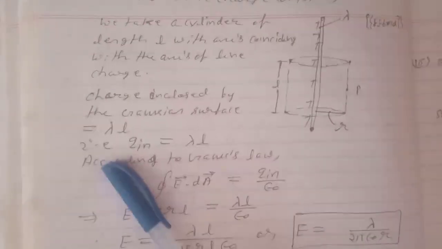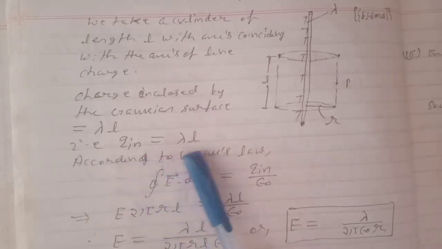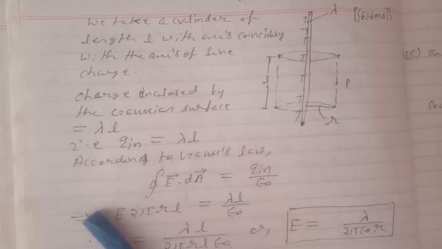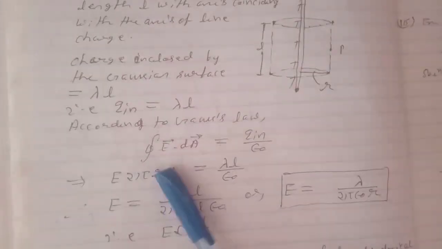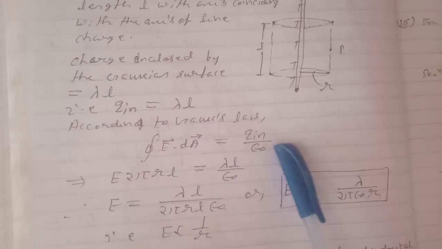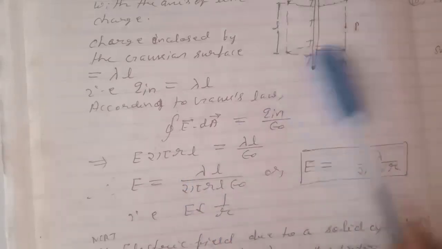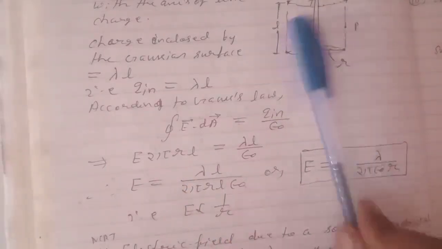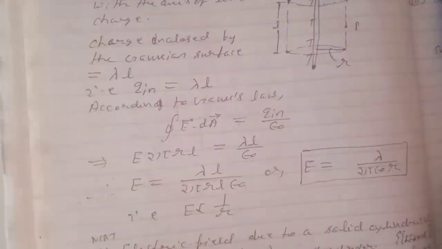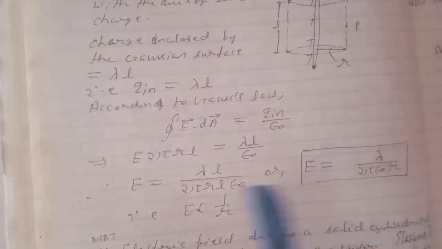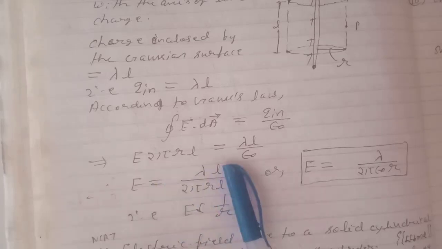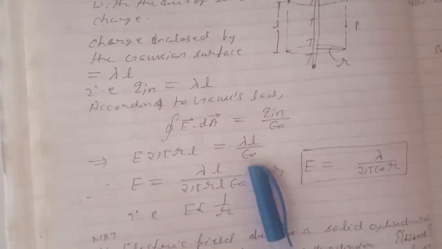That is, Q in, the charge enclosed, equals lambda L. According to Gauss's law, the integration of E vector dot dA vector equals Q in by epsilon naught. This implies E into 2 pi r L, the surface area, equals lambda L by epsilon naught.